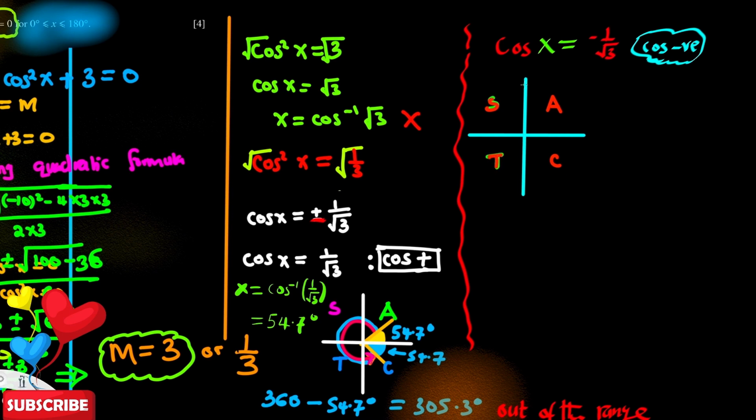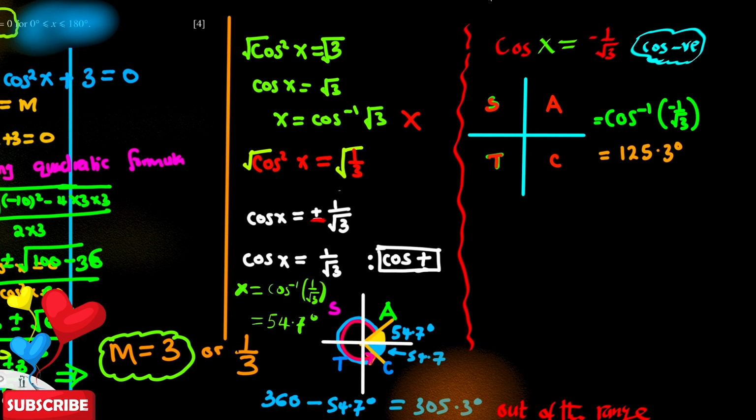So the first thing to do, we can find this angle, cos inverse of -1/3. At this particular point, let us try to see it. This angle is going to be where? It's going to be 125.3 degrees.